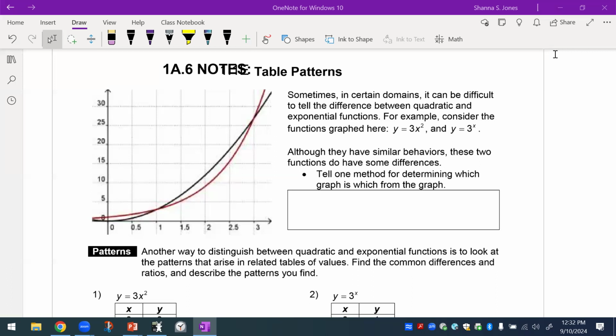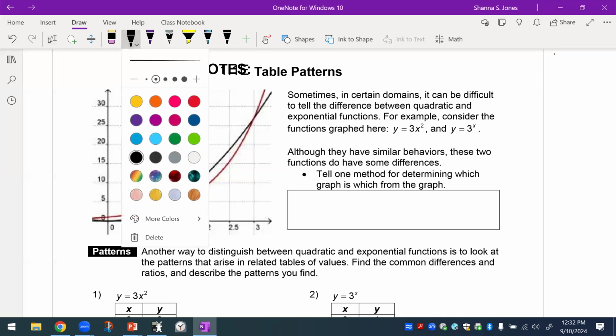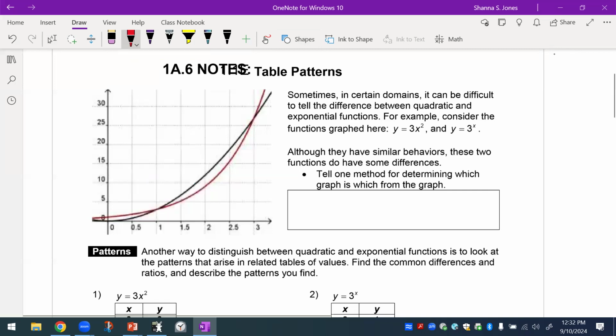Which is which? Is the red one the quadratic or is the red one the exponential? Exponential is the red one, right? And why do you say that? All right. So by show of hands, how many of you think the red one is the exponential? So the red is right here.